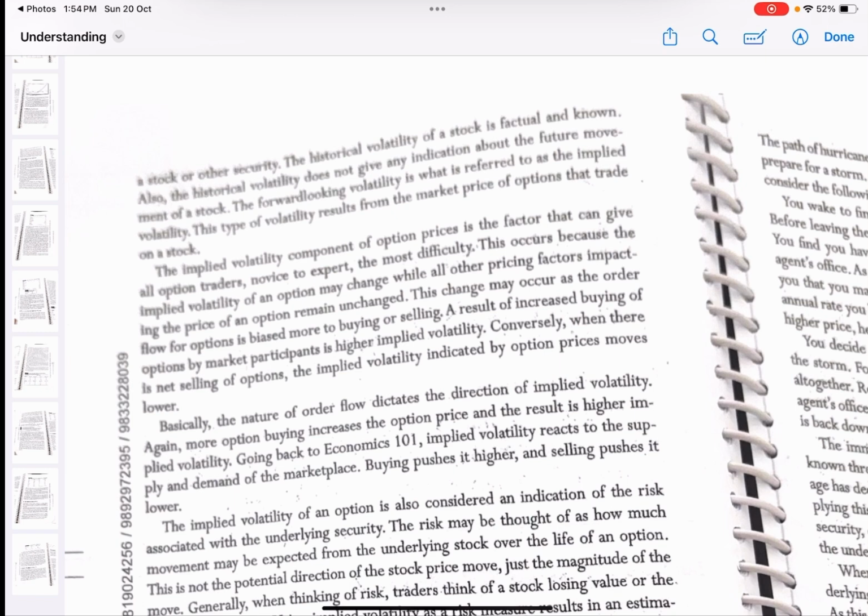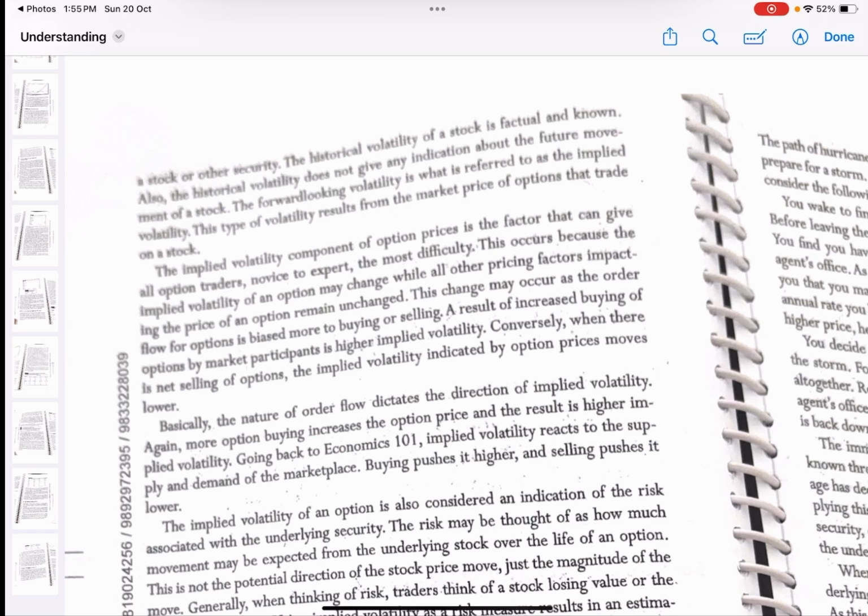This change may occur as the order flow for options is biased more to buying or selling. Increased buying of options by market participants results in higher implied volatility. When there is net selling of options, the implied volatility moves lower.